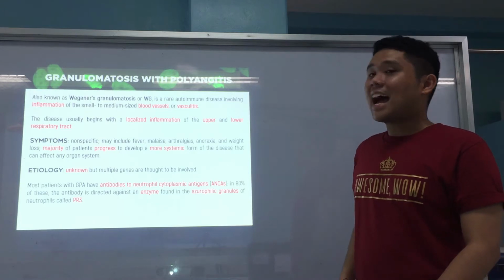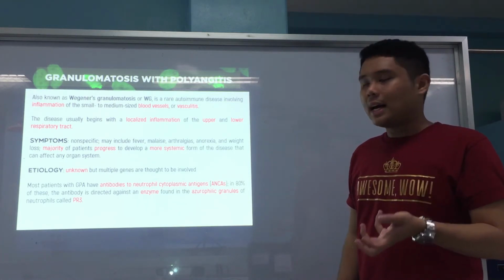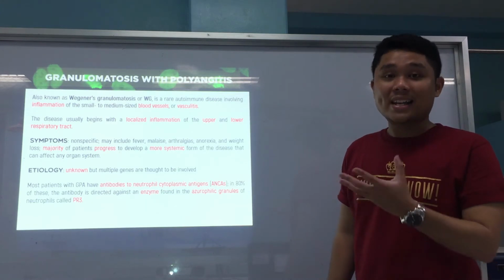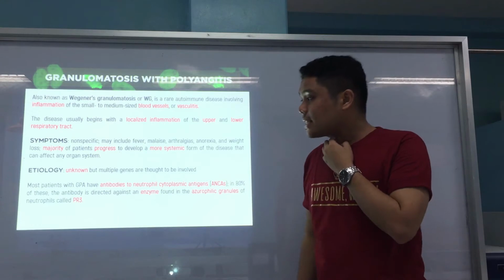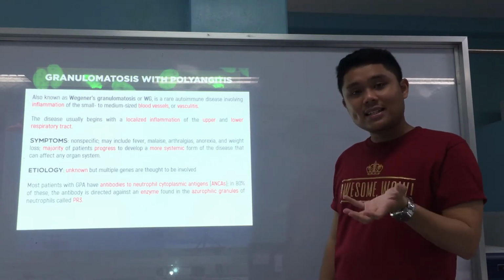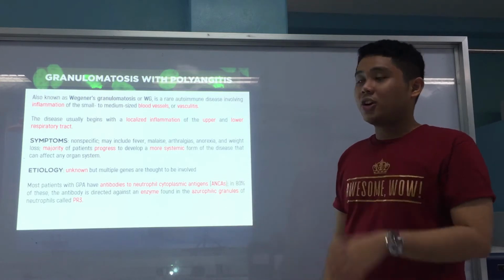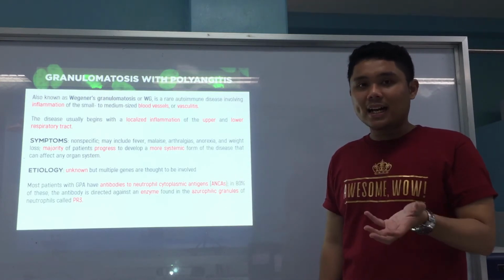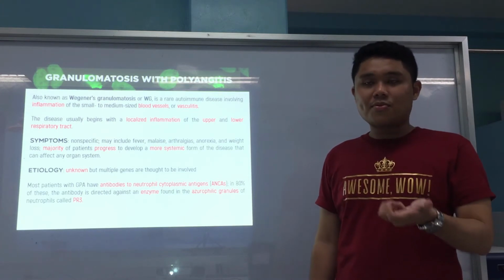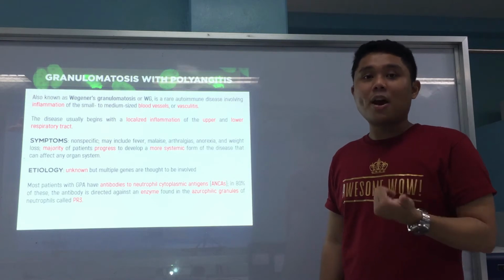have characteristic antibodies known as antibodies to neutrophilic cytoplasmic antigens, or ANCAs. In 80% of these, the antibody is directed against an enzyme in the azurophilic granules of neutrophils called PR3. Most of your Wegener's granulomatosis is an ANCA against the enzyme found in the azurophilic granules of the neutrophil known as PR3.